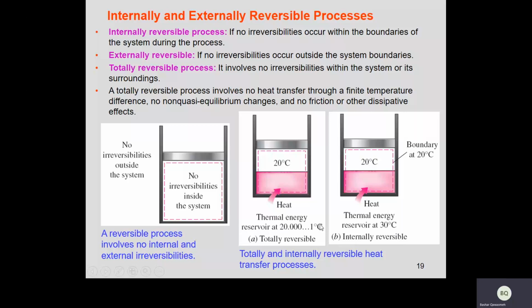So here, okay, if the surroundings are at 30 Celsius degrees, we can see that there is a heat transfer across a finite temperature difference, 30 Celsius degrees, 20 Celsius degrees, delta T is finite.